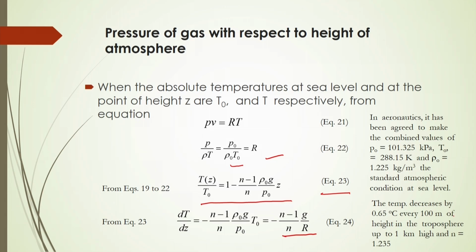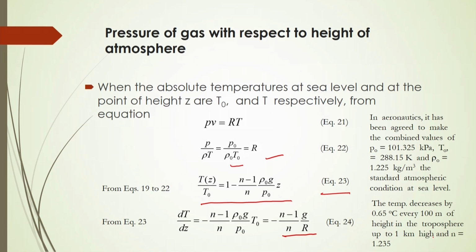The temperature decreases by 0.65 degrees centigrade every 100 meters of height in the stratosphere up to 1 kilometer high, and n is equal to 1.235.